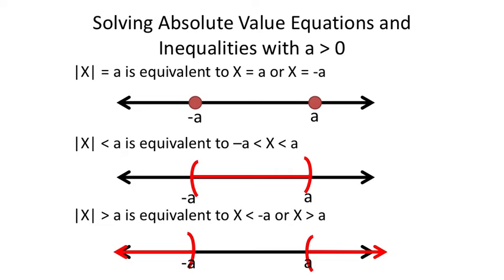So this graphing stuff right here is kind of telling us how the setup is going to occur for us to solve. If the absolute value, again, this is showing x, but it could be like x plus 5 or negative 3x plus 15, something like that on the inside there. It doesn't matter what's on the inside here. The absolute value of this, if it ends up being less than whatever value is over here, it ends up being sandwiched between those values.